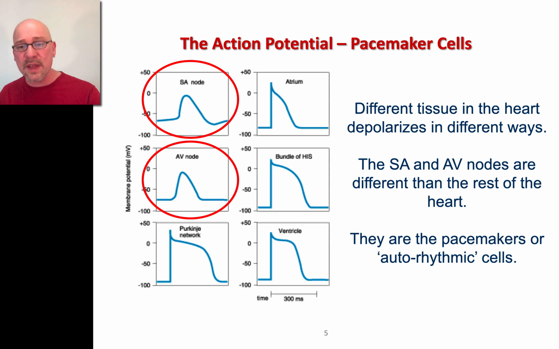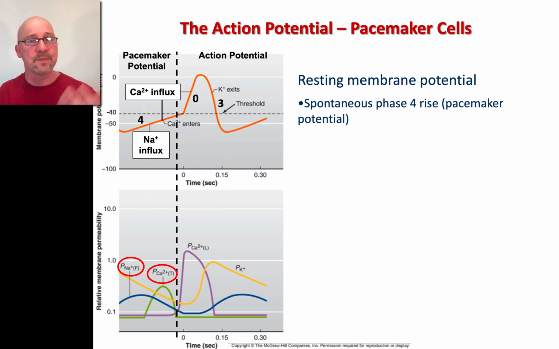We call them autorhythmic cells because they automatically create their own rhythm. Well, how do they do that? Let's look at a pacemaker myocyte. We'll say we're in the SA node, and we're looking at a sinoatrial myocyte. And as you can see, it'll go down into its negative phase.